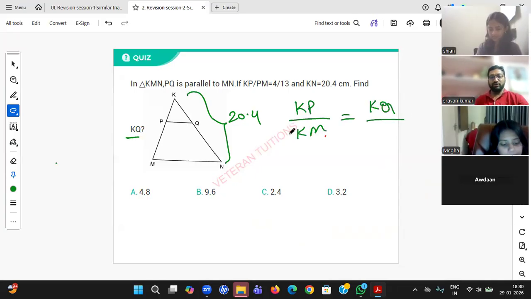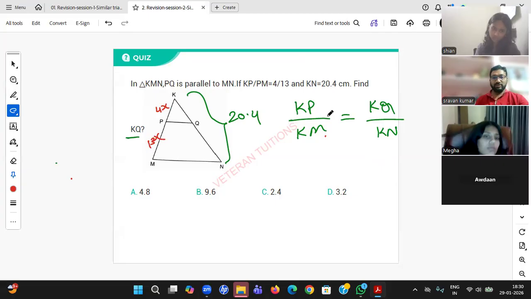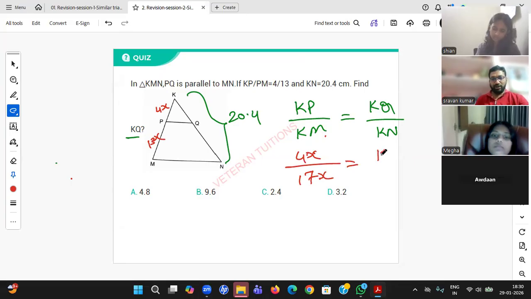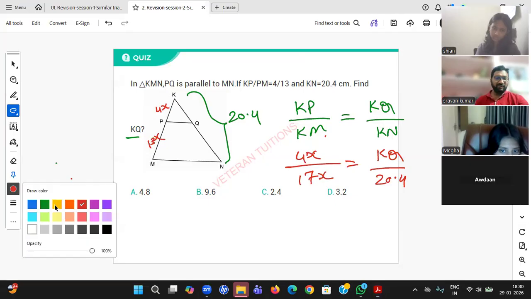He's asking KQ. So KP by PM is there. This will be 4x, 13x. KP will be 4x, PM will be 17x. KQ I have to find. You see, one equation, one unknown.